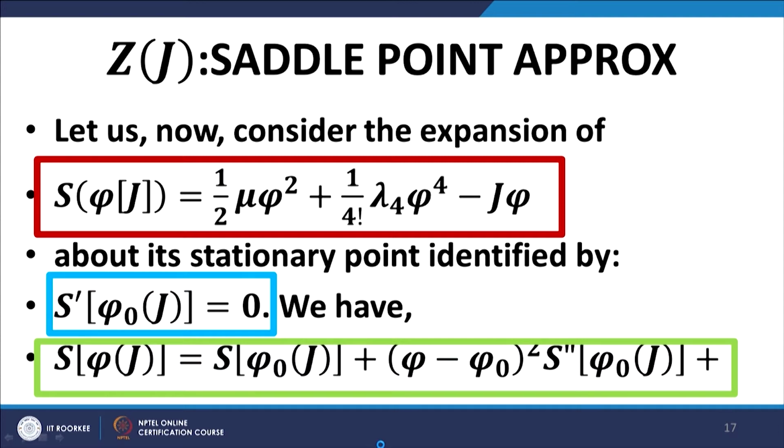We expand our action S of phi around this saddle point, and it takes the form given in the green box. Please note that the term in the first derivative is absent because of the condition imposed in the blue box. The first derivative defines this saddle point, and therefore, when we are expanding around the saddle point, that term will be 0.